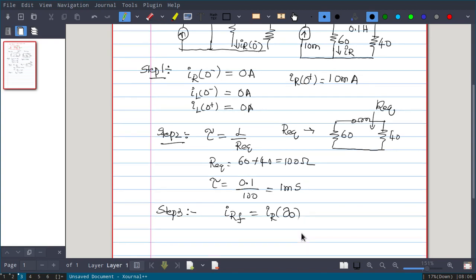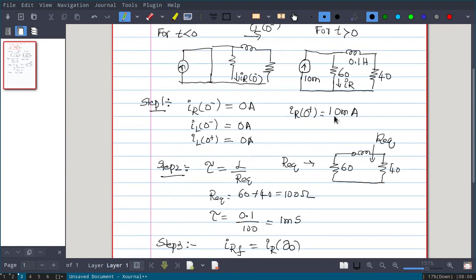So what is the steady state current? Initially the inductor didn't allow any current, so all the current was flowing through this 60 ohm, but as time passes the inductor allows current, so finally it acts like a short. If it acts like a short, then there are two branches, 60 ohm and 40 ohm, and the current passing through this 60 ohm can be calculated using the current divider formula.